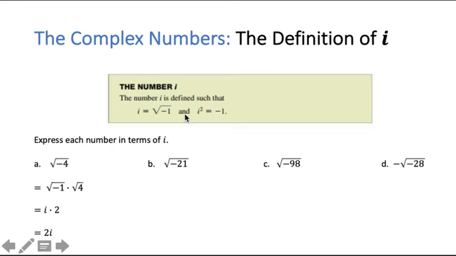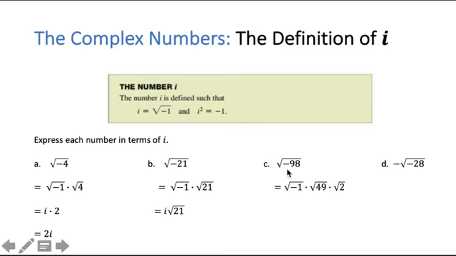Okay, look at letter B, the square root of -21. The square root of -21 is the square root of -1 times the square root of 21, which is i times the square root of 21. Now, you can't break down the square root of 21 any further than that, right? Because the square root of 21 is 3 times 7, and neither of those are square numbers.